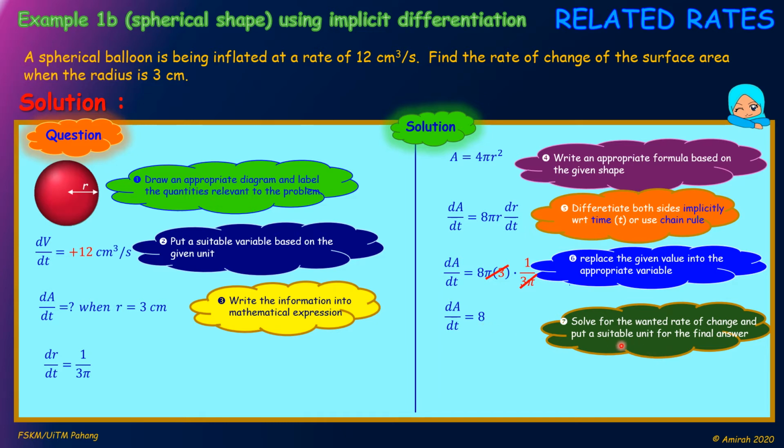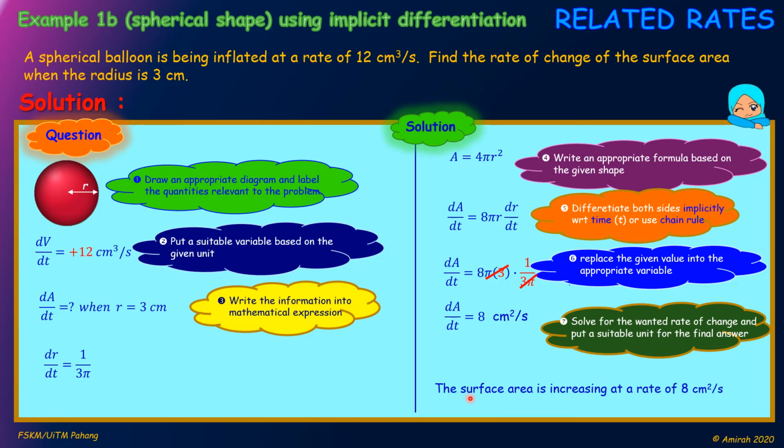Then we put a suitable unit for the final answer: 8 cm squared per second, because surface area is in cm squared and time is in seconds. When we check the question, dA over dt was the question mark, so now we have completed the answer: dA over dt equals 8 cm squared per second.